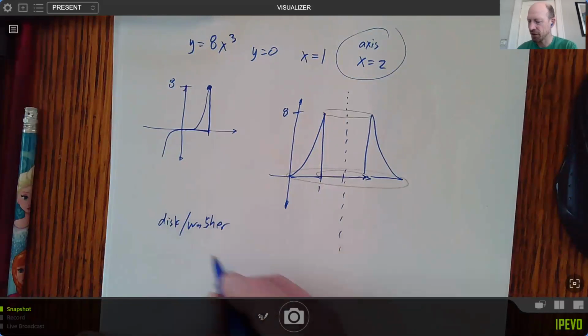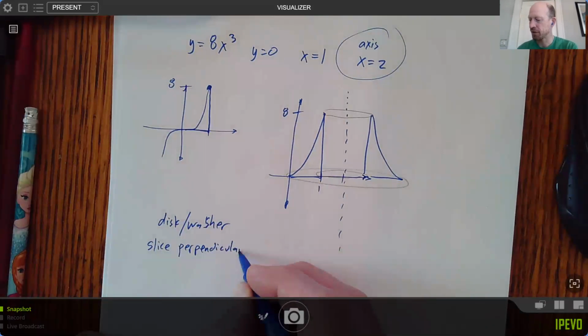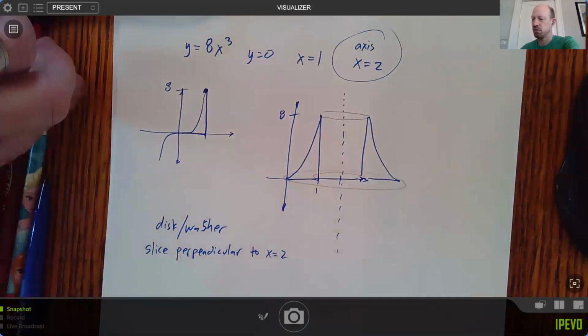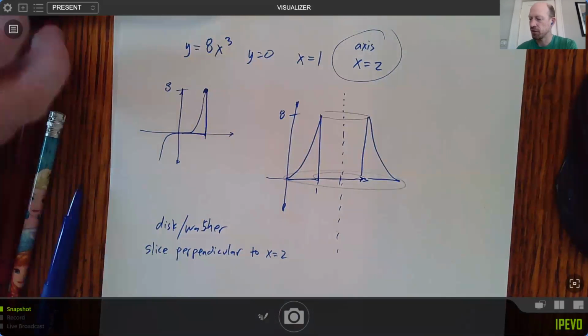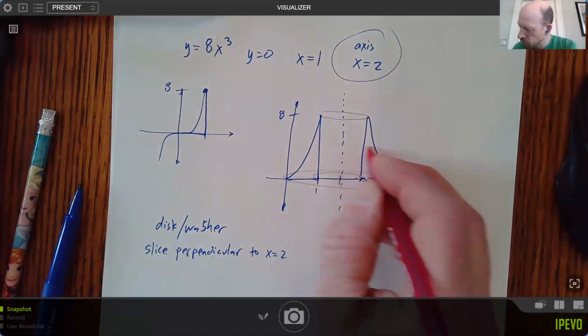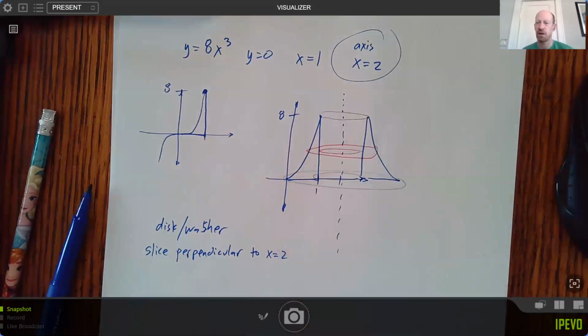I need to slice perpendicular to this axis of rotation. And when I slice perpendicular, that's slicing this way, I need to be able to visualize or at least imagine that that's going to create a washer.